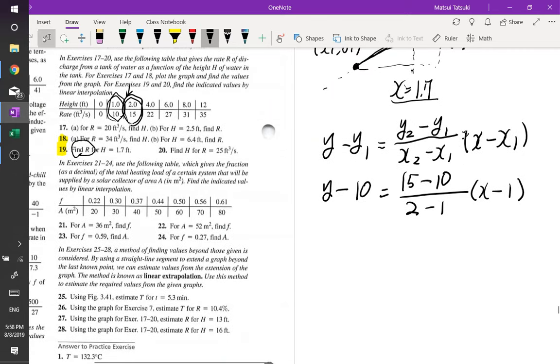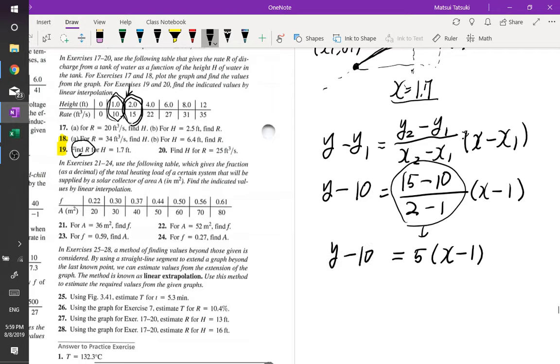So this fraction is actually the slope of this linear function, and it's quite easy to calculate here because the numerator is 5, 15 minus 10 is 5, 2 minus 1 is 1, so the slope, or this fraction, is 5. 5 over 1 is 5, multiplied by x minus 1 on the right side, and you have y minus 10 on the left.